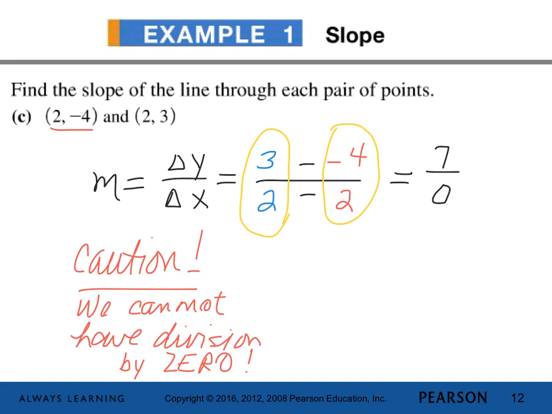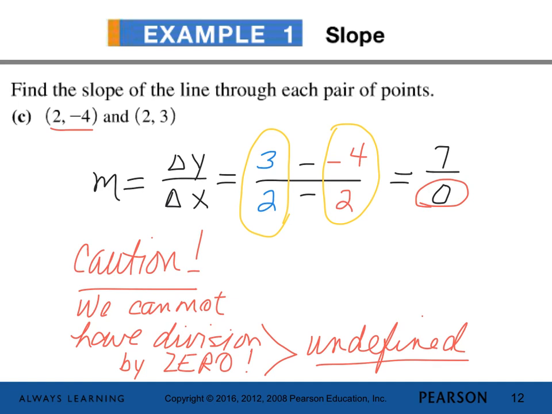Big caution, we cannot have division by 0. By definition, division by 0 is undefined. Therefore, this slope is undefined.